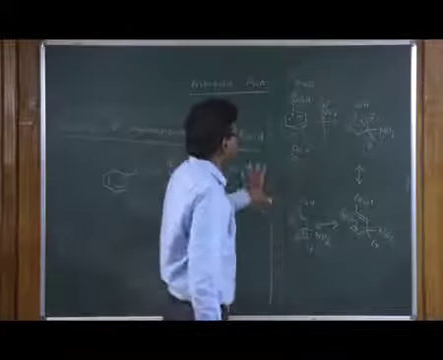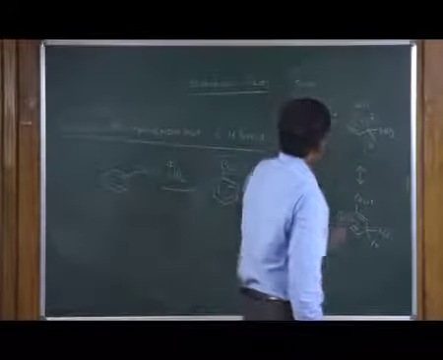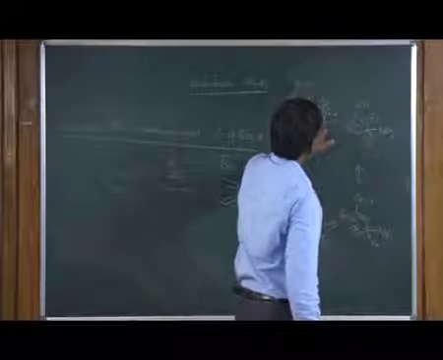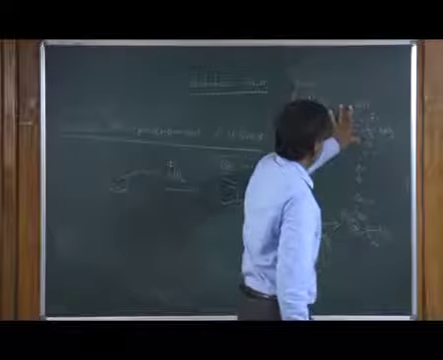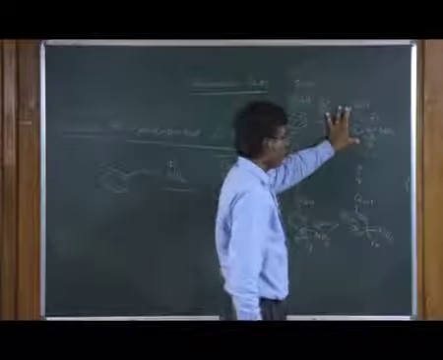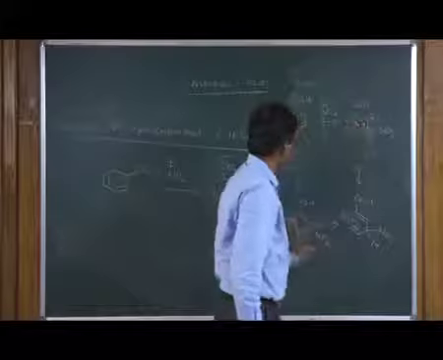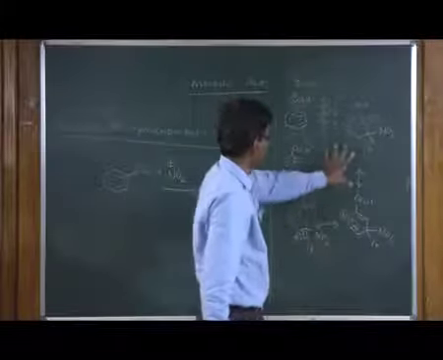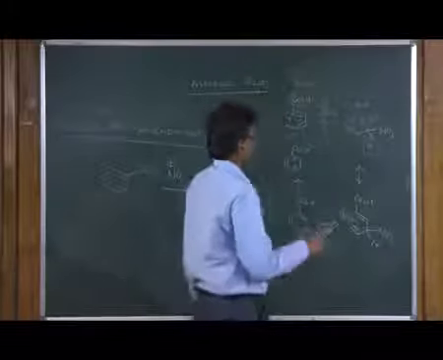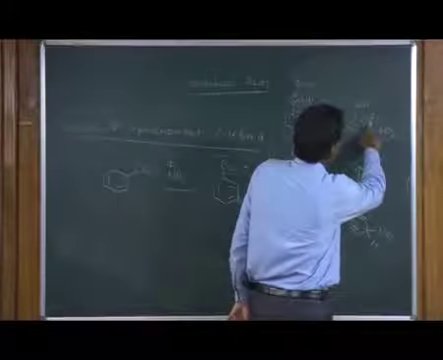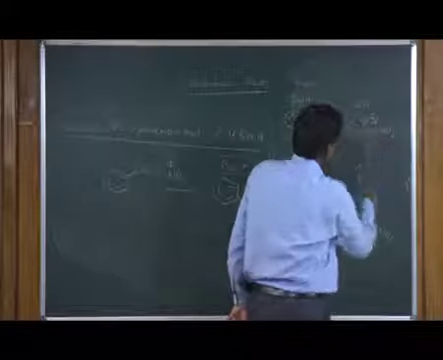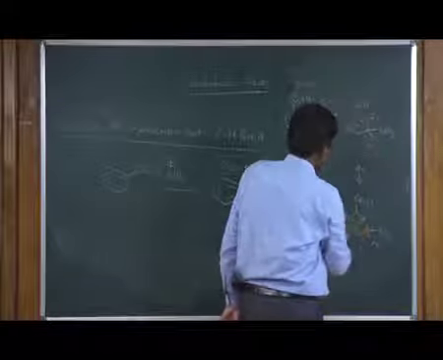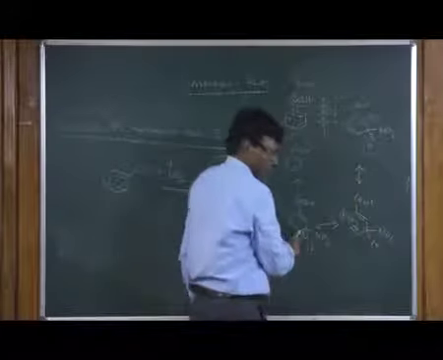If you look at these resonance structures, the benzene ring attacks the nitro electrophile, and first you form this intermediate sigma complex. This complex can be written in different resonance forms. Looking at the resonance structures of these intermediates, the carbocation is present at the ortho position and the para position.